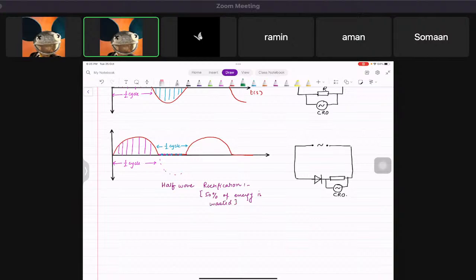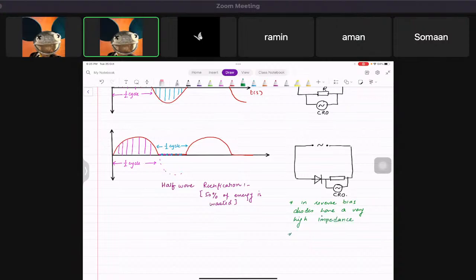And how does a diode do this? In reverse bias, diodes have a very high resistance. In fact, instead of writing resistance, let's write impedance.